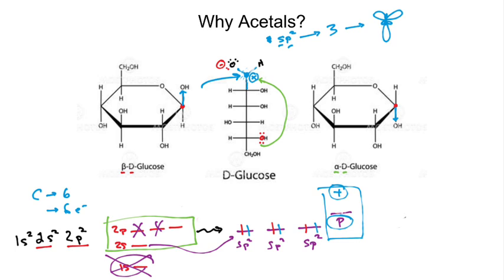Shape. It is coming in and out of the plane at you. So there's a p orbital lobe hanging out in front of the plane. There's also a p orbital lobe hanging out behind the plane of this board. So that oxygen, when it shares electrons, where could it place the electrons?